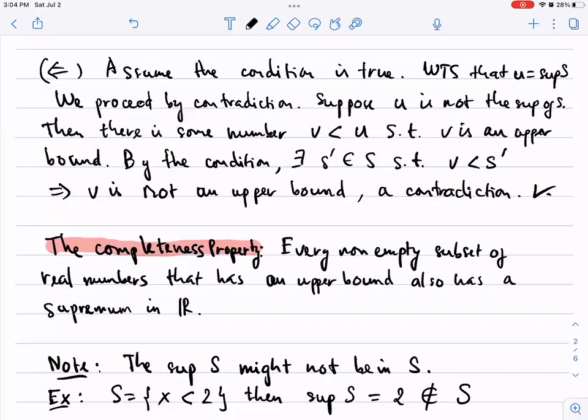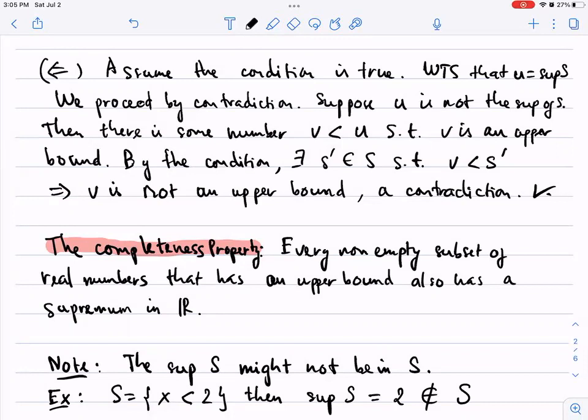We know that a set might have several upper bounds, but we don't know whether it has a supremum, because the supremum is rather special. The supremum, remember, is the smallest upper bound. We don't know if it's a real number. That's why this property is so special.